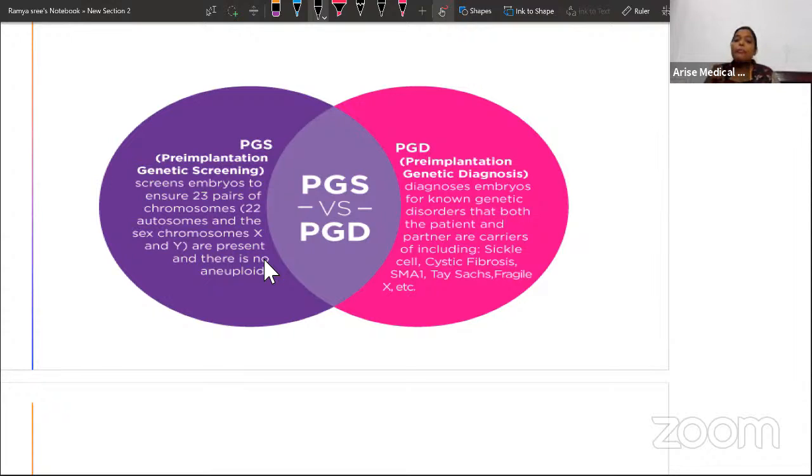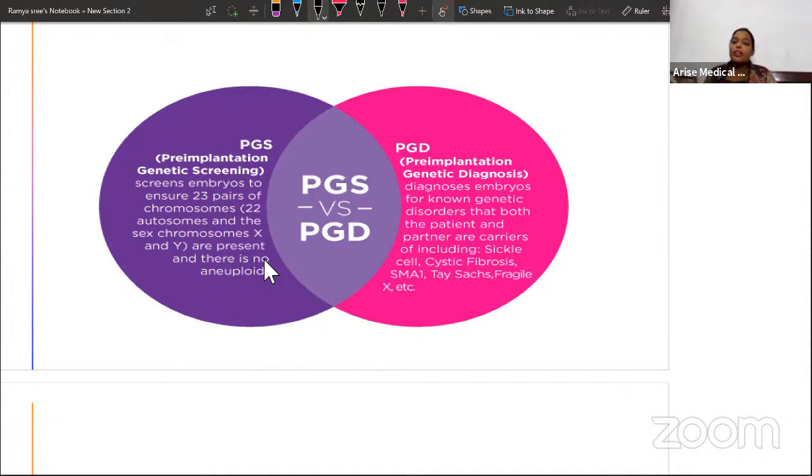Diagnosis means you take the embryo and try to diagnose a known genetic disorder which any of the parents has. Diagnosis means a certain diagnosis, screening is everything.